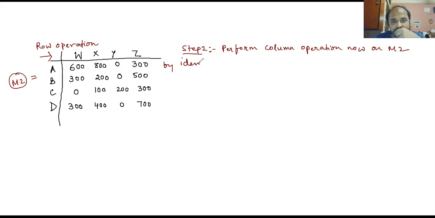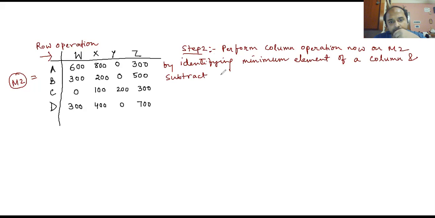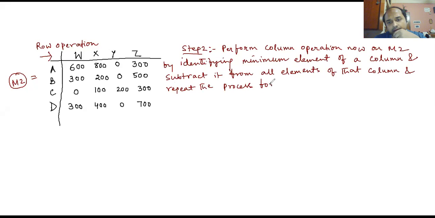Identify the minimum element of a column and subtract it from all elements of that column, and repeat the process for every column, just like we repeat the process of row operation for every row. We have to repeat it for every column.